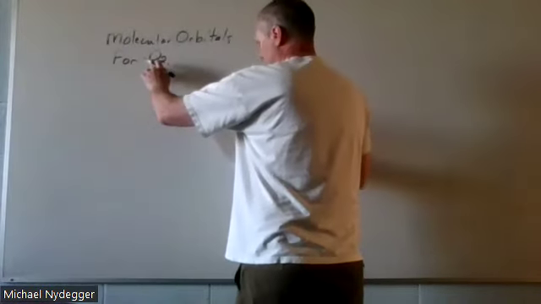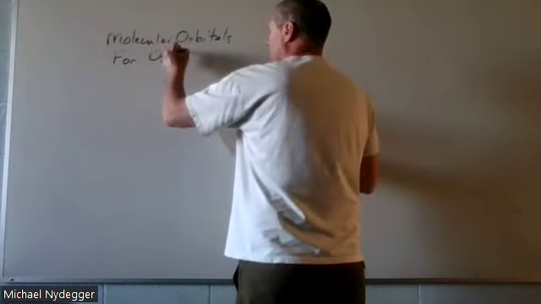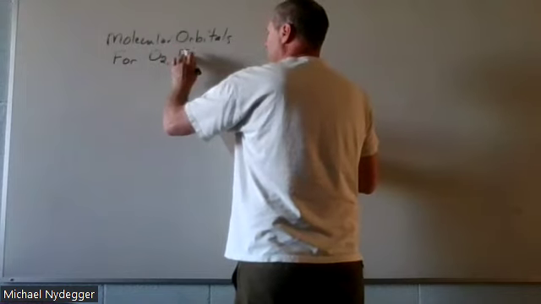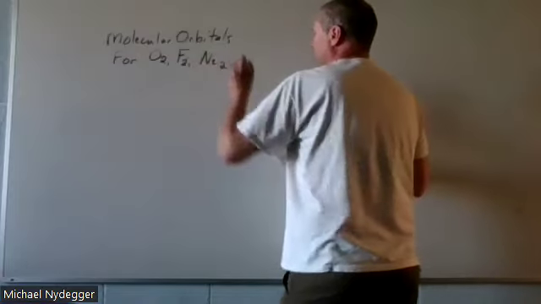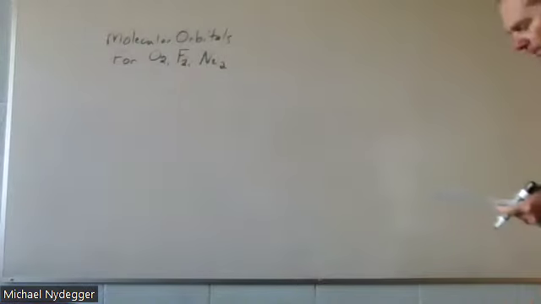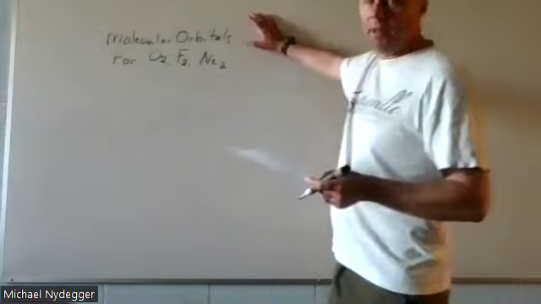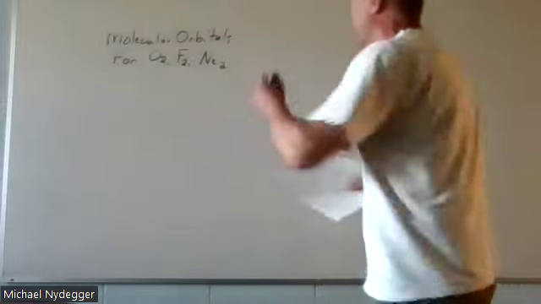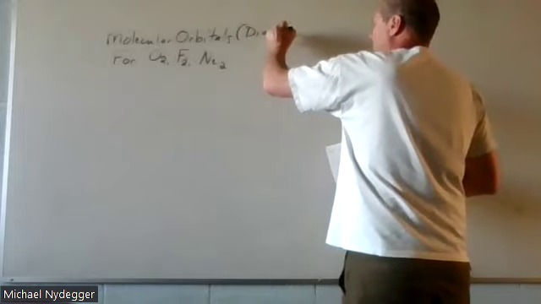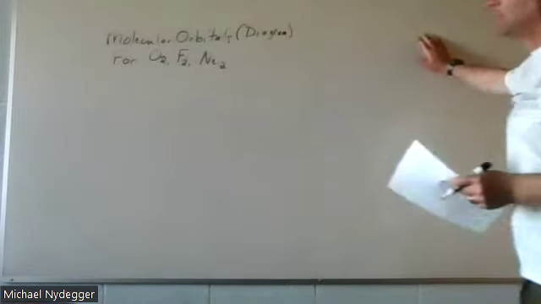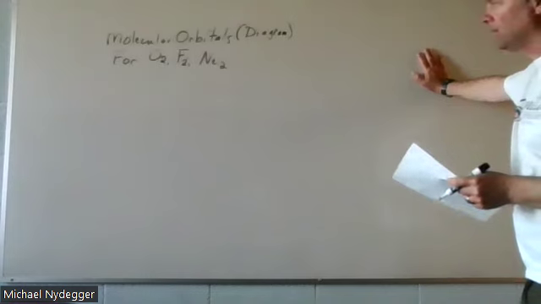Remember, oxygen diatomic, fluorine, and neon. All right. Now I'm just going to draw the molecular orbital. So there's a molecular orbital. I'm simply going to draw the diagram. Now, Dr. Baldwin will talk about this.